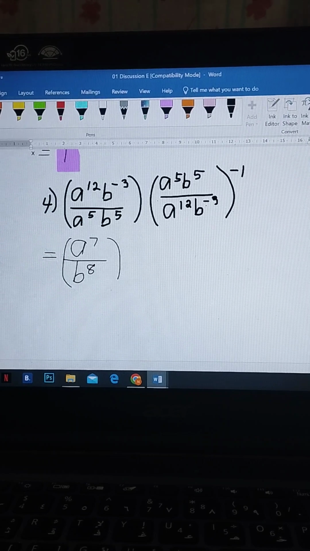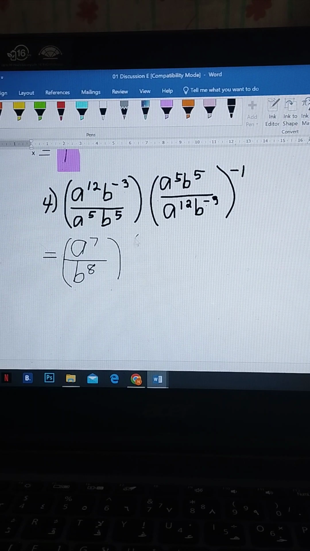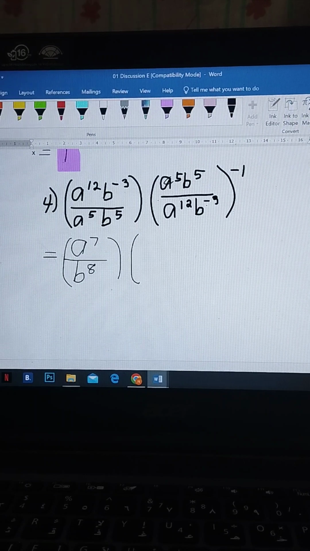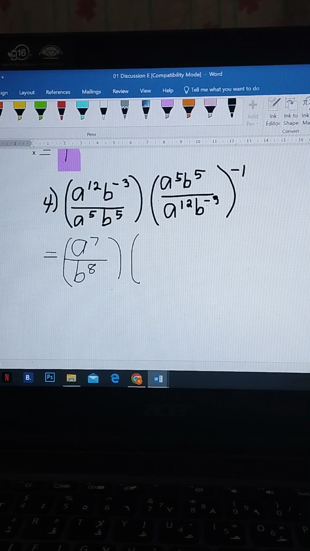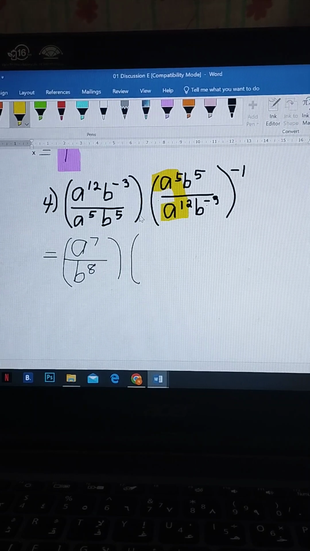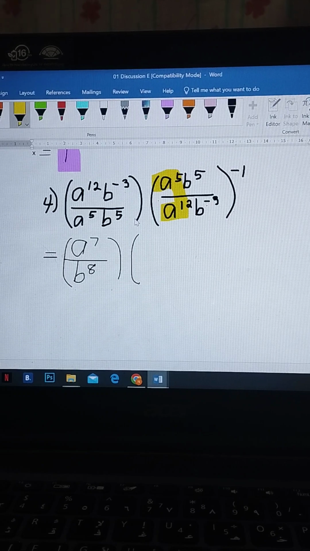Okay, so next is the second fraction. So perform again this one. Perform a raised to 5 over a raised to 12. The exponent of a in the denominator is greater, so therefore you put your answer in the denominator.